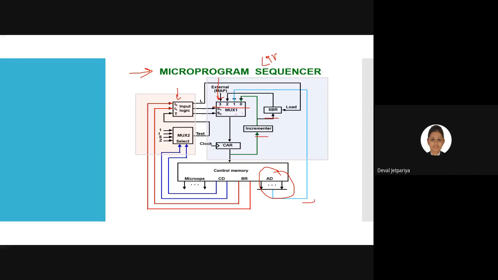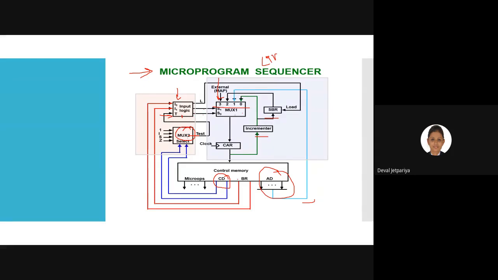Now, what is the use of multiplexer number two? I am talking about this multiplexer. It is used to test various values which are selected as a status bit with the help of this condition information, okay, and the same value is tested over here in multiplexer 2 and that we are giving to this input logic, okay.